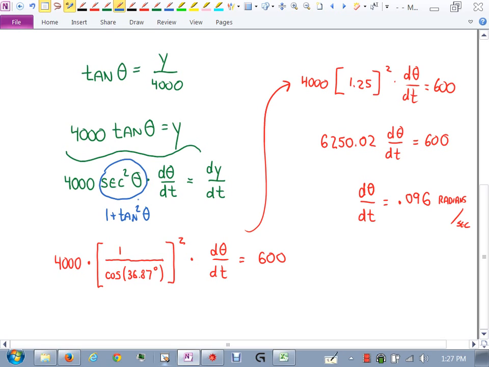And then tangent theta was 3/4. So this is the same as 3/4 squared, which is 9/16, and you added 1 plus 9/16. 25/16. Yeah. It all worked out the same.